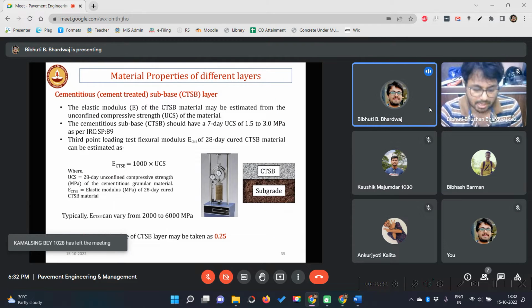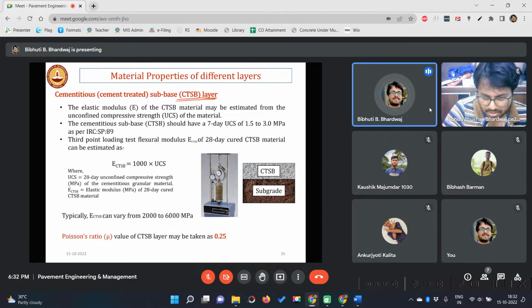Yes. Now if it is CTSB, although we are not discussing these compositions, suppose this is a CTSB layer, it's cement treated subbase, not granular subbase. This is granular subbase mixed with cement.